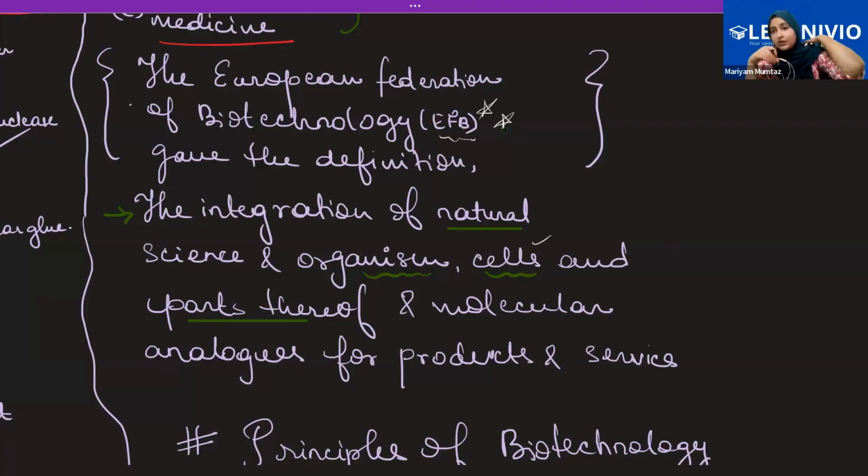According to it, it is the integration of natural science and organism, cells and their parts, along with their molecular analogs for products and services. Ultimately, this whole branch of science is for the betterment of human beings so that we can derive a lot of benefits.